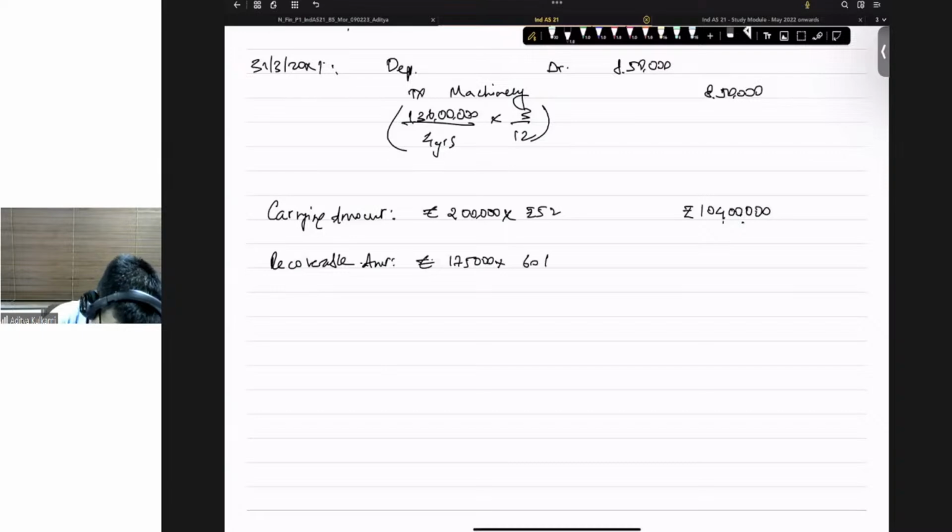But on this date, it is worth 60 rupees. So 1,75,000 into 60 is 105 lakhs.